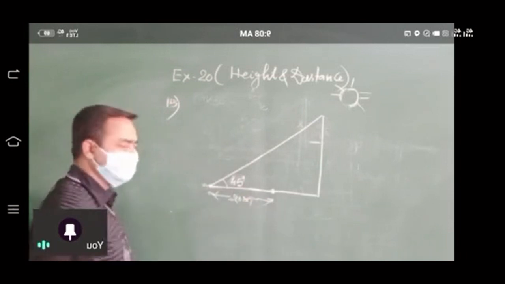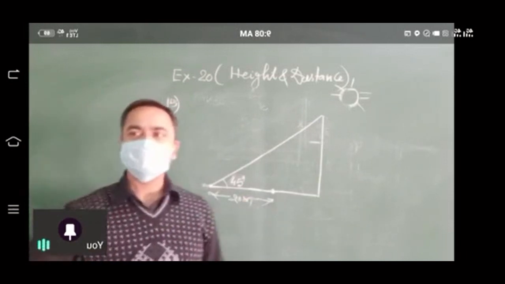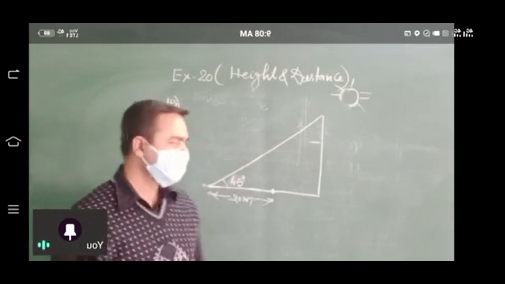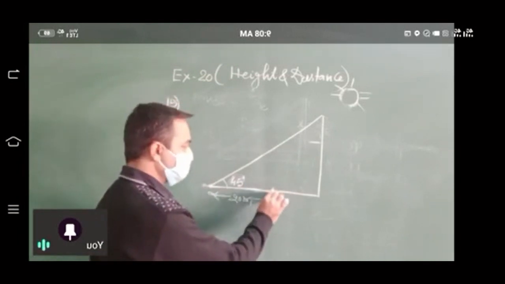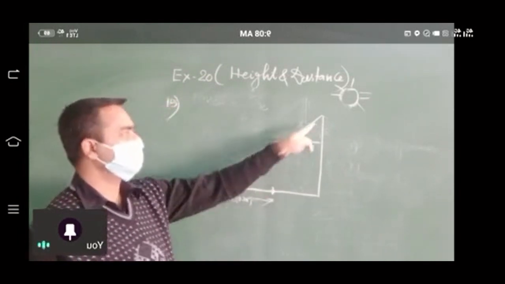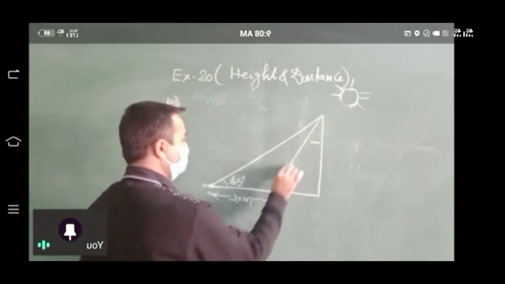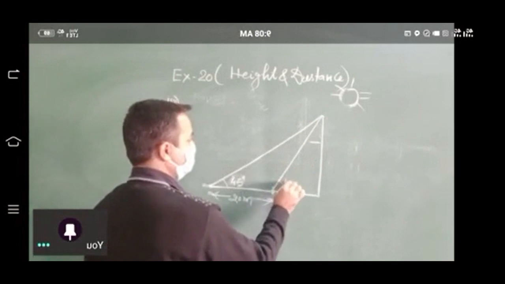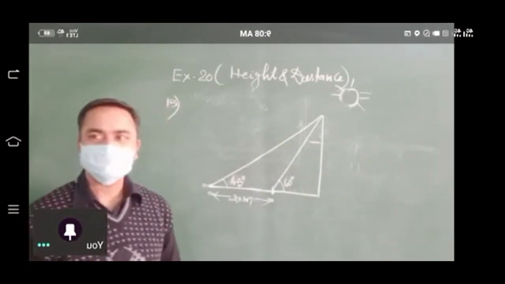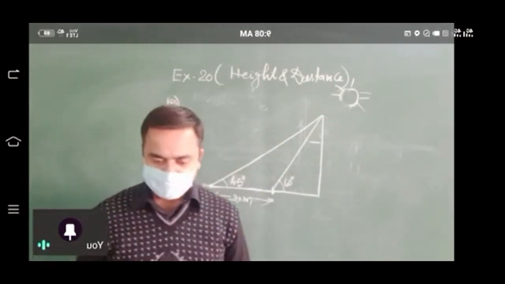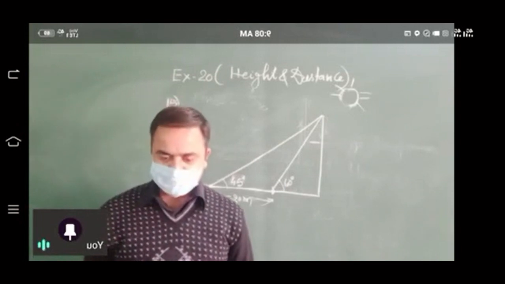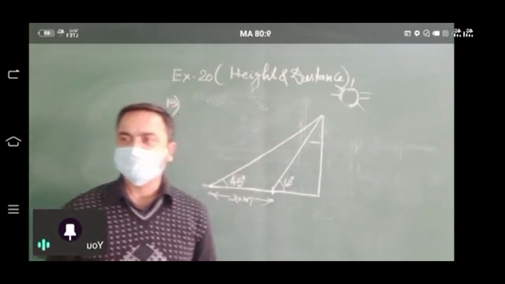Then he has stopped at this point, and if we see the top of the tower, then the angle of elevation made at his eye is 60 degree. This is given in the question. Then the question is find the height of the tower.